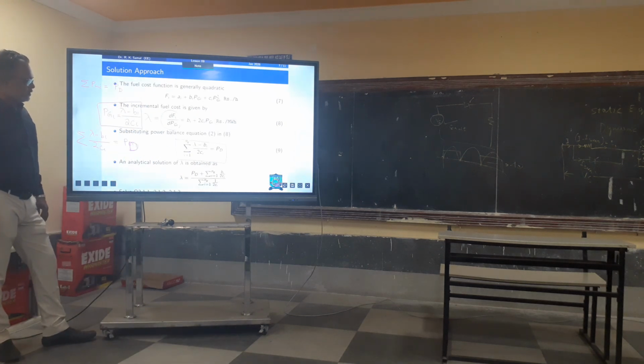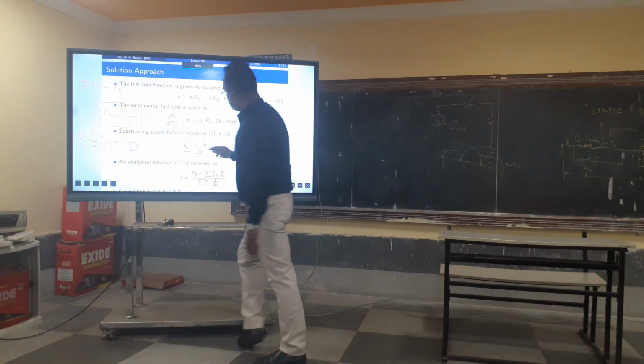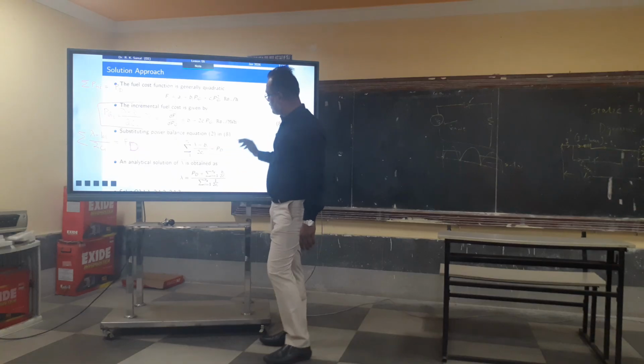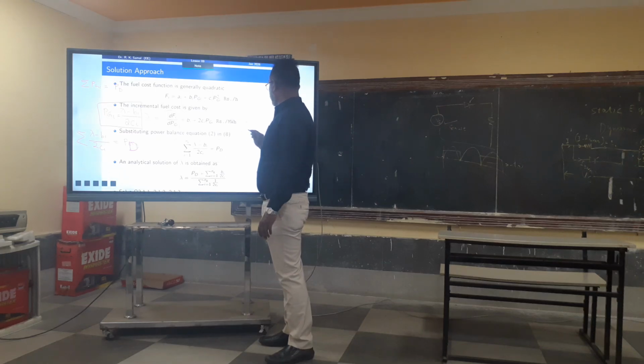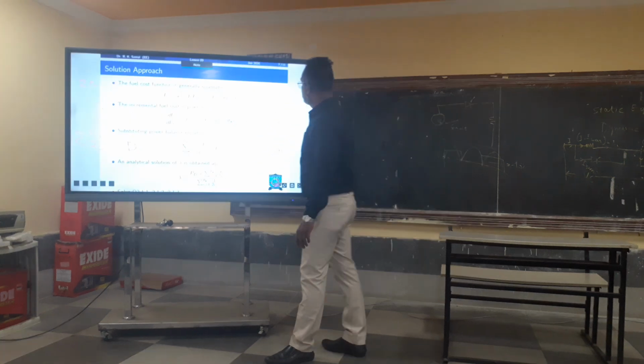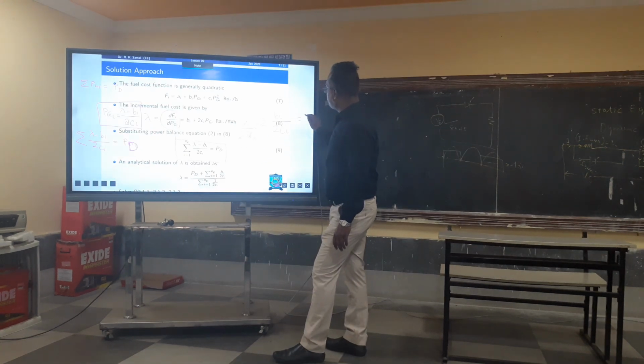Fine. So that is given here. And from this equation we can separate. Lambda will come out: lambda times summation 1 by 2Ci minus summation Bi by 2Ci is equal to PD.